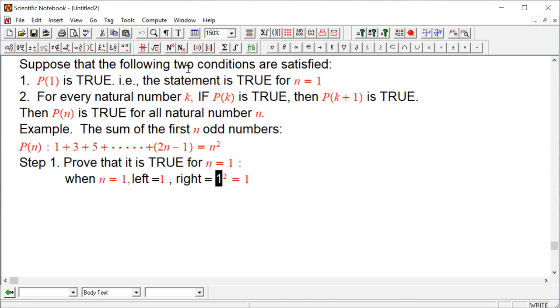So left equals right, then you can say it is true for n equals 1.